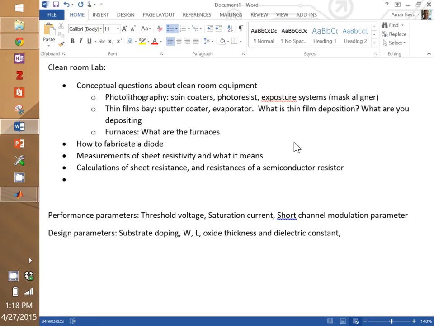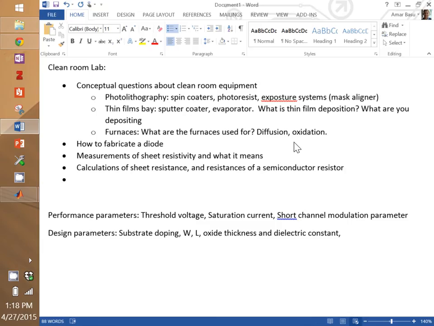There's a couple other things that the furnace was used for. Any guesses? So diffusion is one of them. Oxidation is another one.